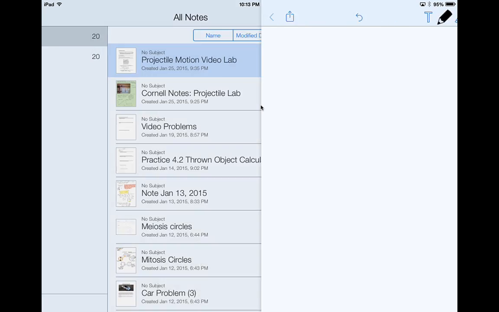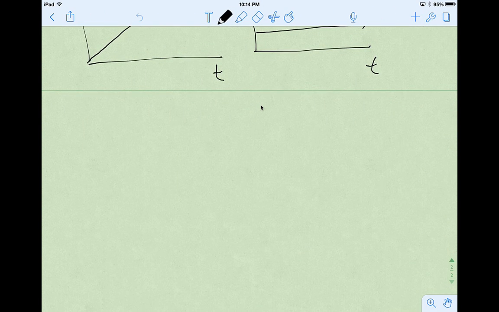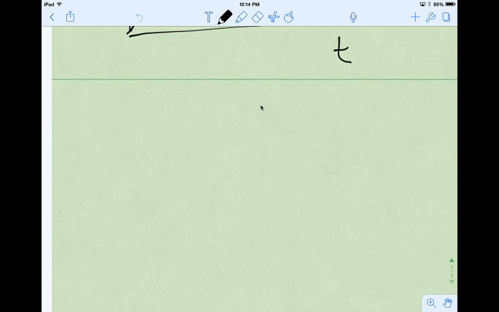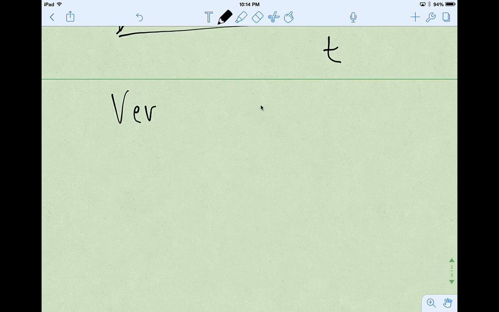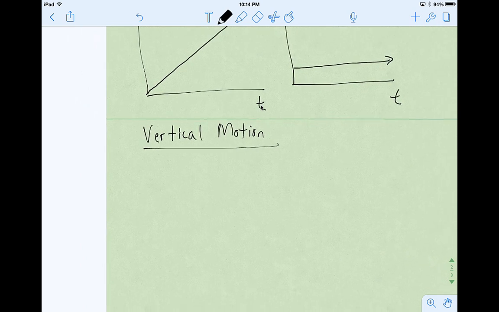Let's go now and let's finish these Cornell notes. We're really close to being done. I know this is a long video, guys. So now we want to write down notes about the vertical motion. And that is an R. I know my handwriting gets bad.